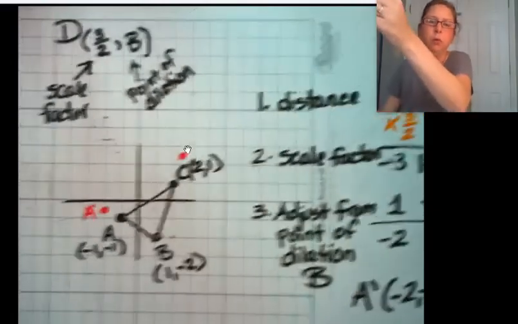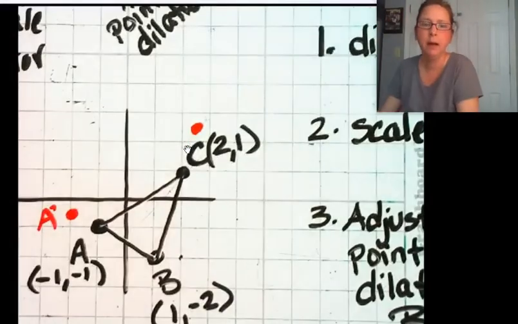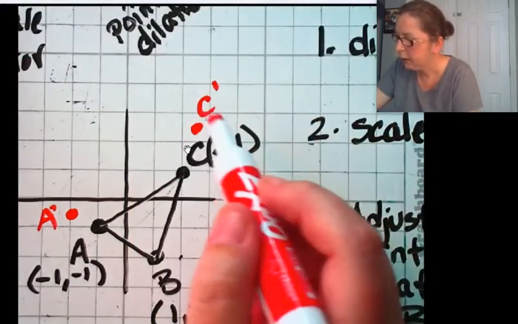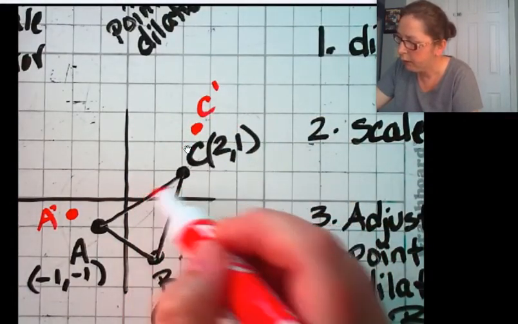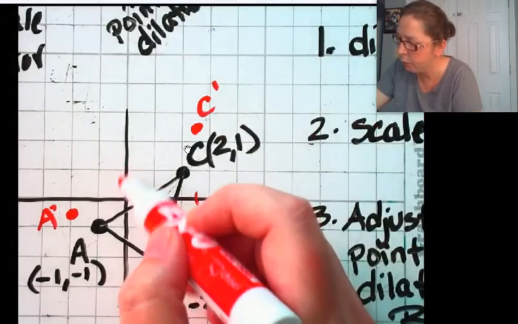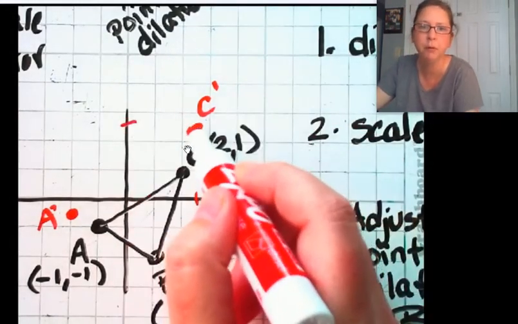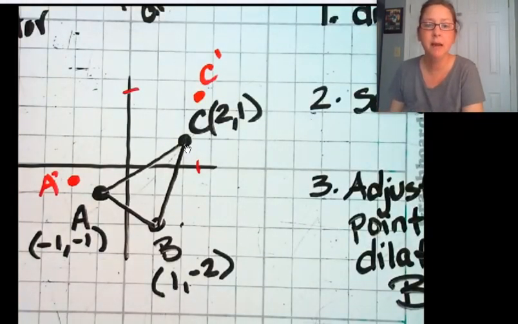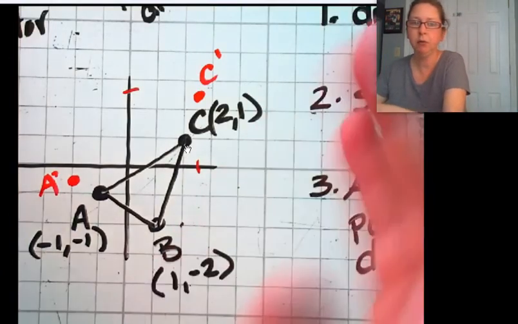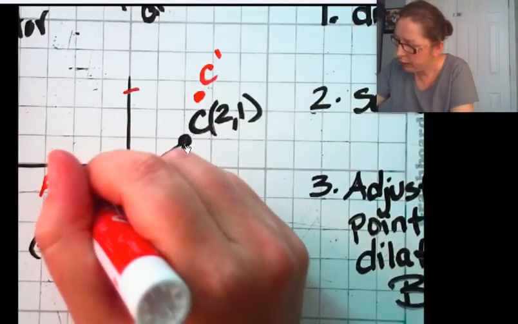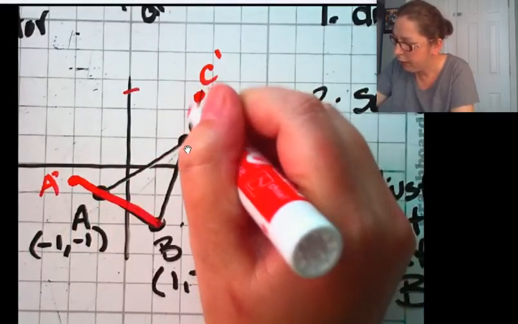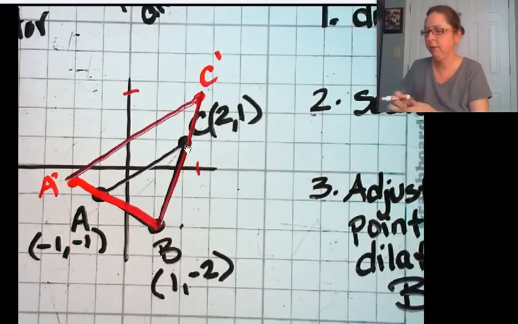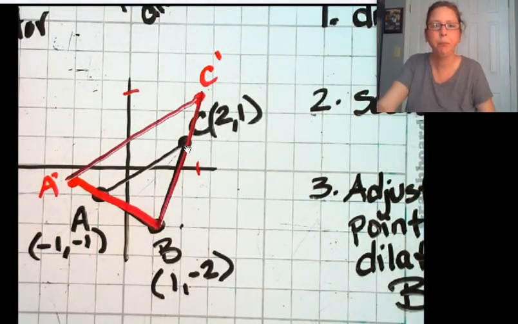Notice that kind of falls in between. 1, 2.5 is like in the middle here. And now point B stays the same because everything went out from it. So here is my new triangle. Same shape, different size.